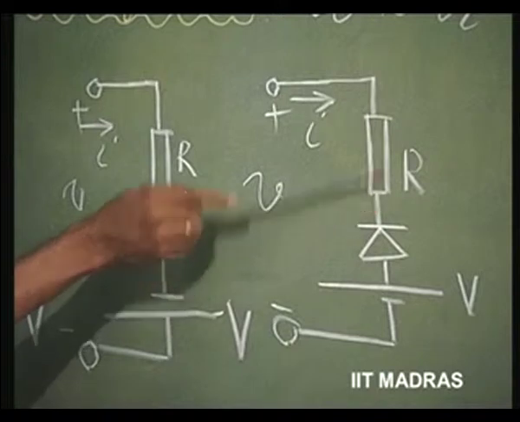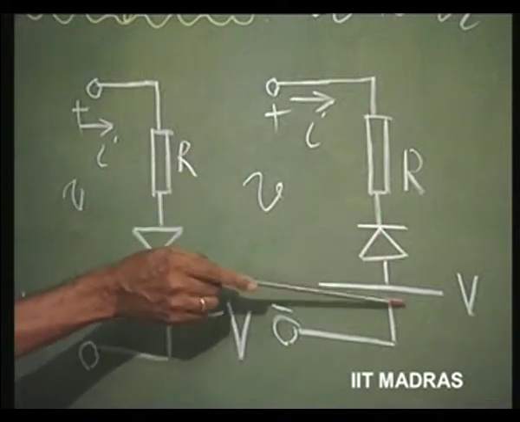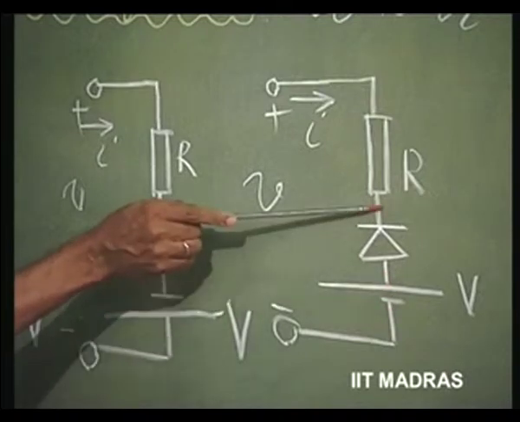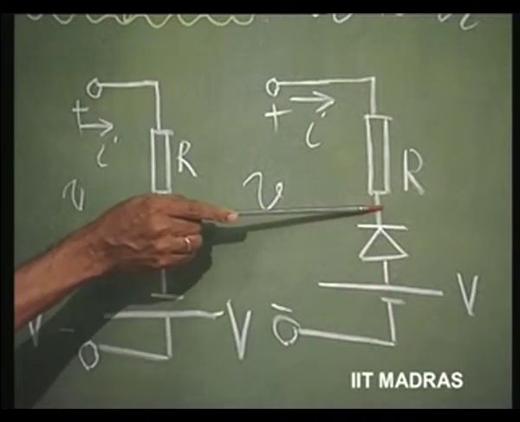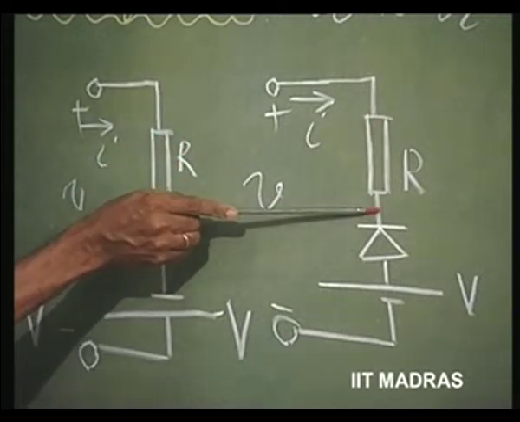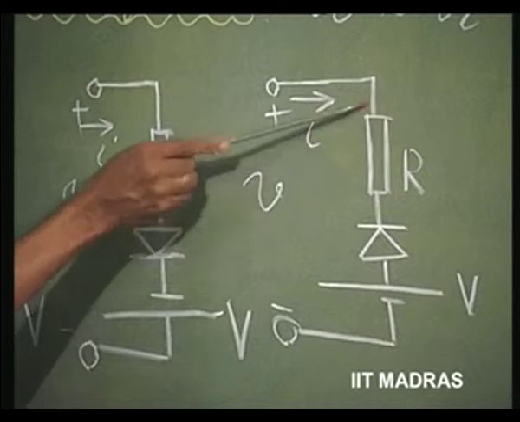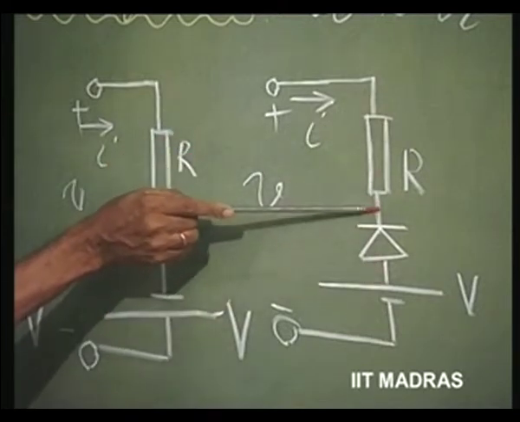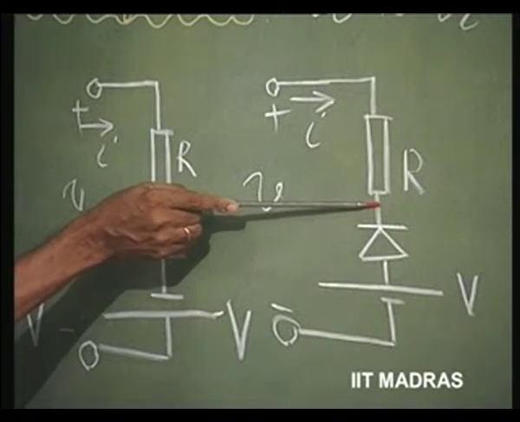Here, this resistor comes into picture if this is, let us say, 1 volt, this positive. If this is more positive than 1 volt, this resistor does not come into picture. If it is less than 1 volt, this resistor exists. So, this is a short circuit as long as this voltage is less than 1 volt.